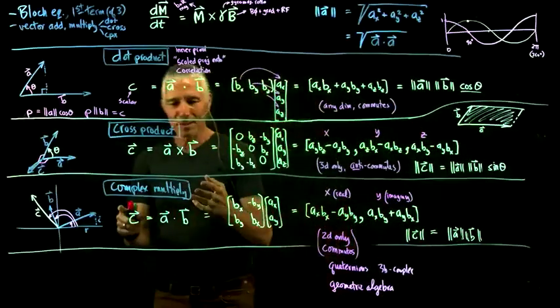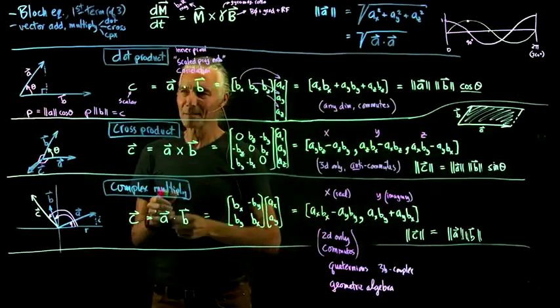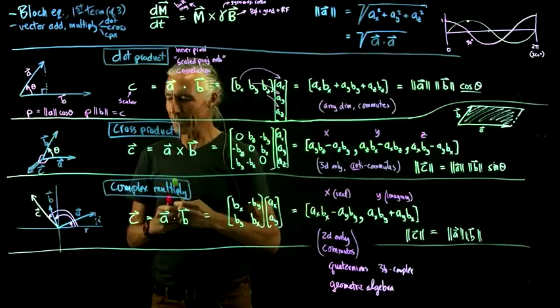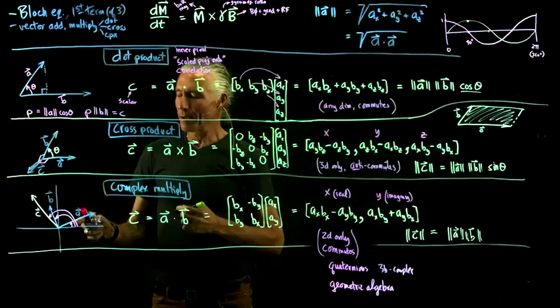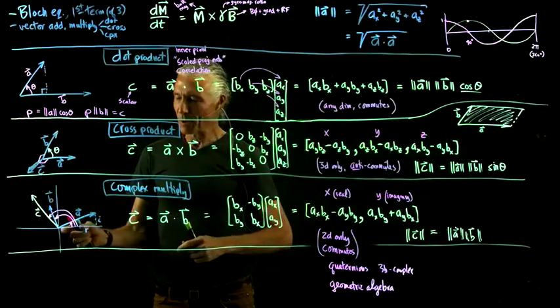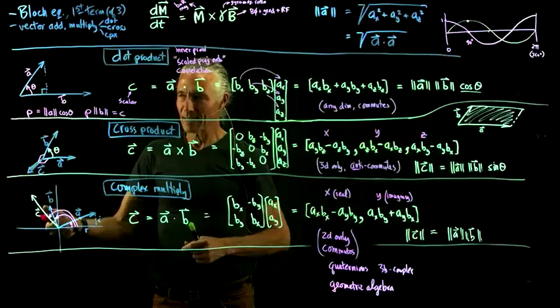And then we have complex multiply, which is yet different. The complex multiply is just like a rotation without changing the vector length. So if you multiply by a complex number with length 1, you'll just get a pure rotation.